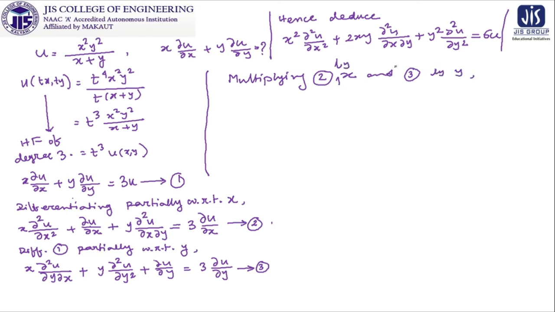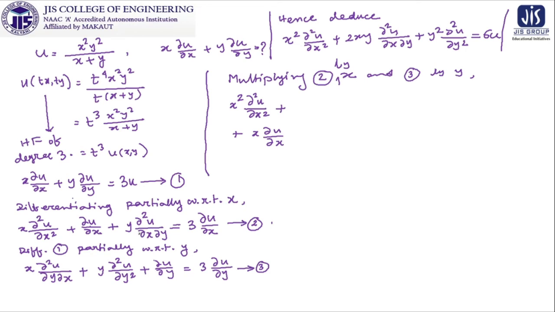We get, please concentrate, x square del 2u del x2, then plus, if I multiply it by x, then it will be x del u del x.